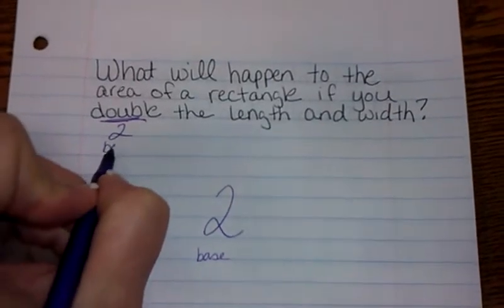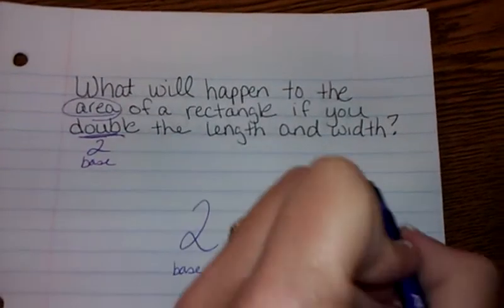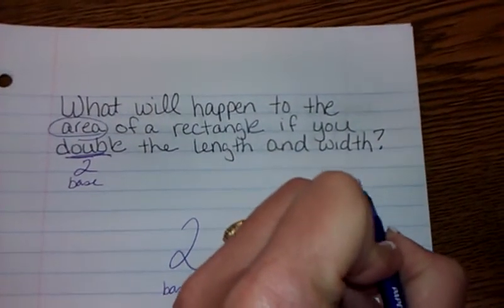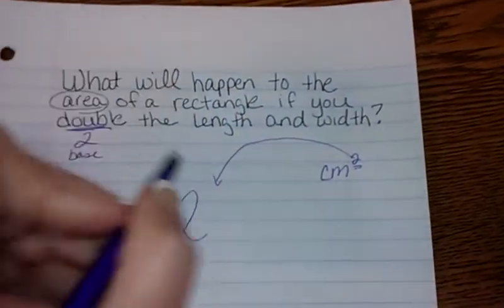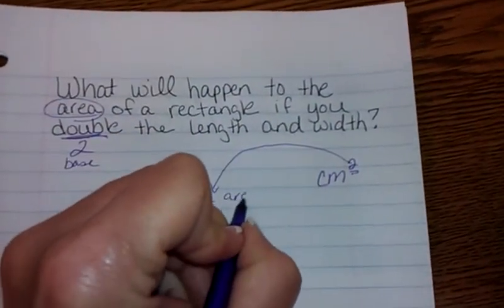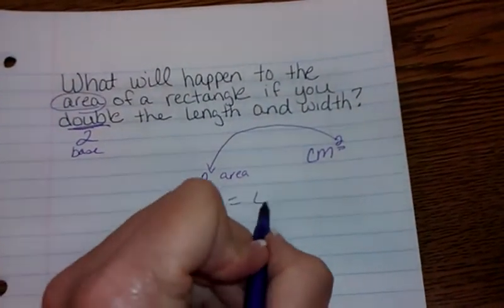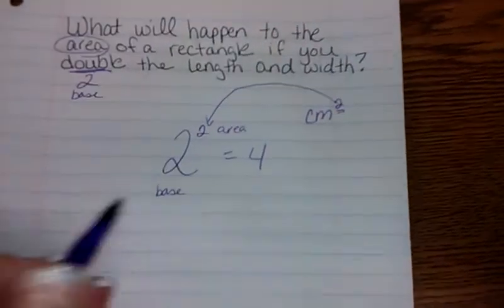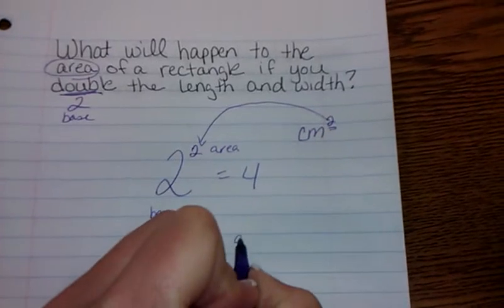Now, anytime we have area, like centimeters squared, it's always to the second power. So I put it to the second power. Now, 2 to the second power is 4. That means that my area will be 4 times as big.